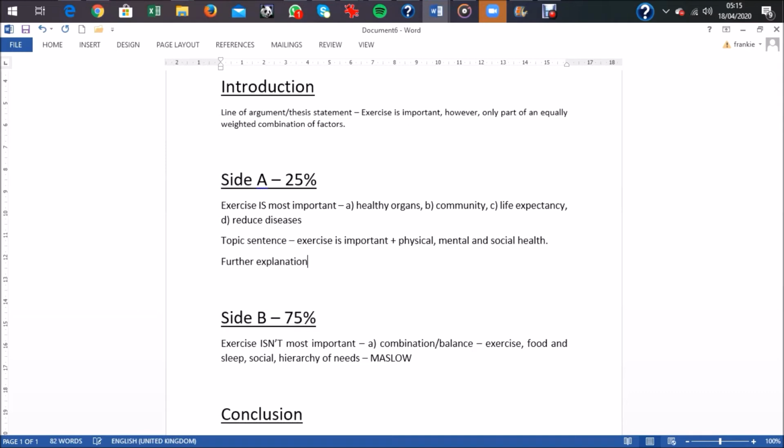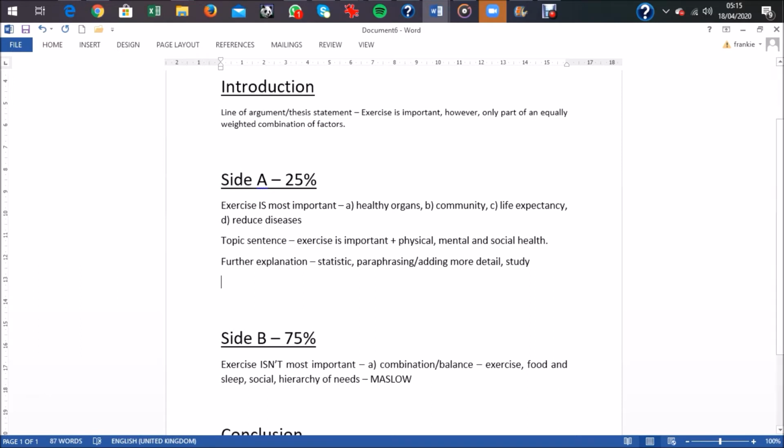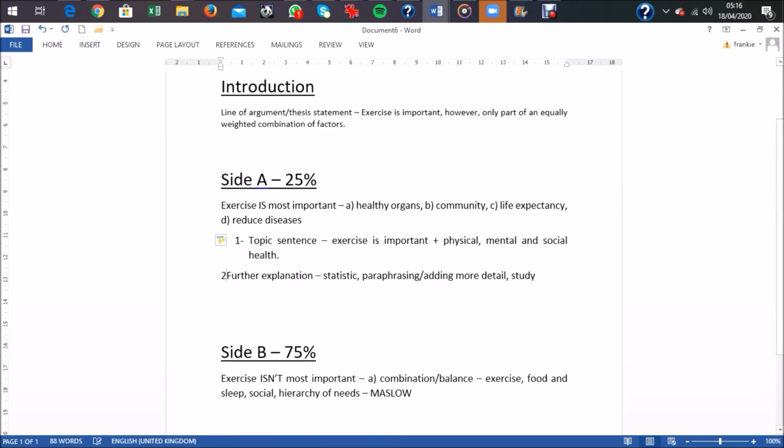Now guys, the further explanation can be in the form of maybe a statistic. It could be just paraphrasing or adding more detail. It could be a study. Yeah, so that's your further explanation, guys, and that could take maybe 2 sentences of further explanation. So 1, and we're going to say here sentence 2 and 3. Okay, so that is, guys, paragraph A.